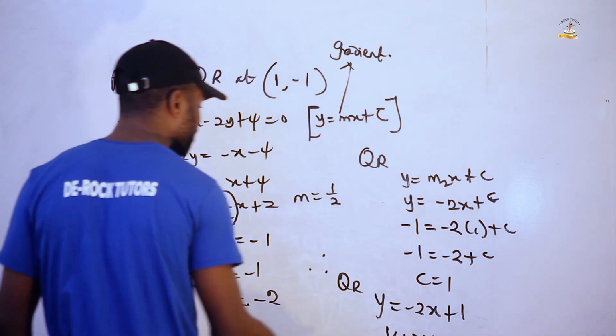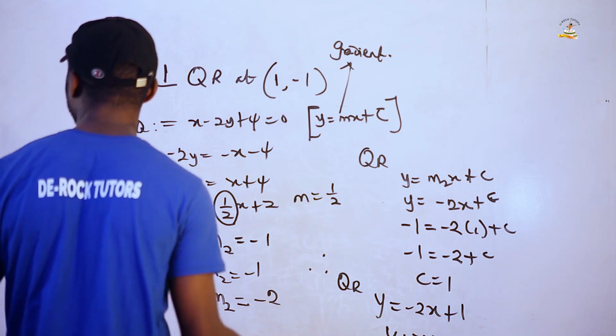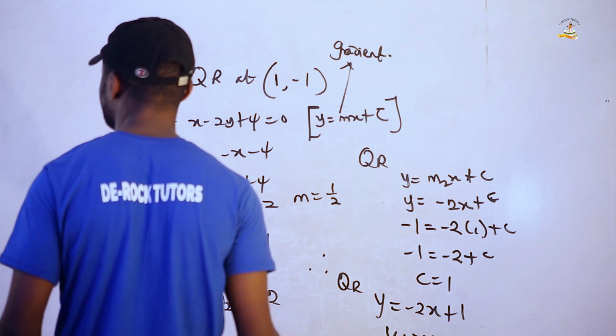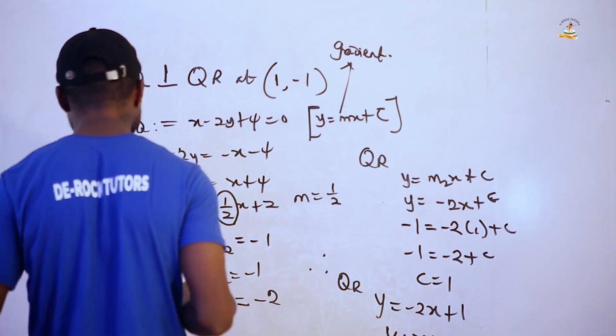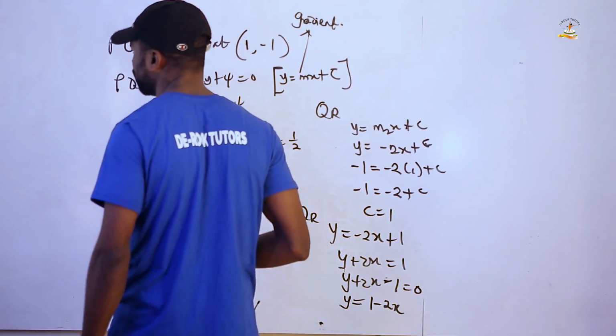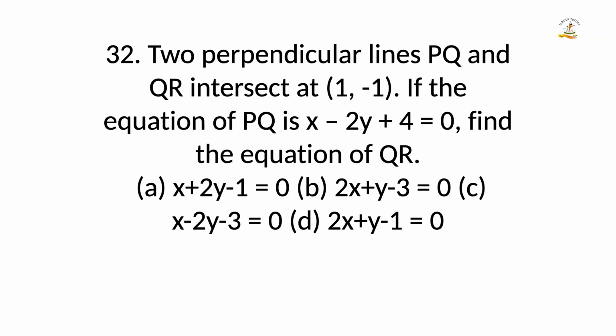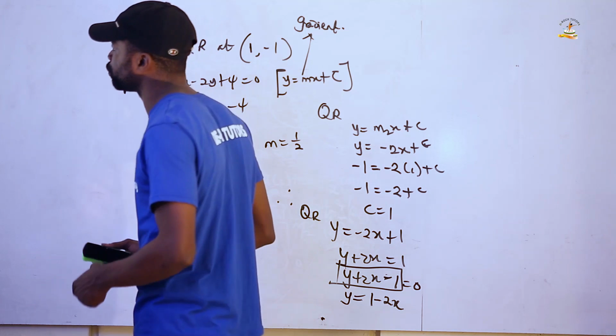So it doesn't matter in which of the forms this particular equation is written. You understand that the equation that best describes the line QR here is 2x plus y minus 1, because this can be rearranged to form that particular option. We move to the next question.